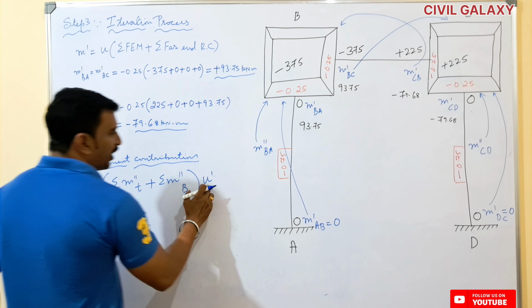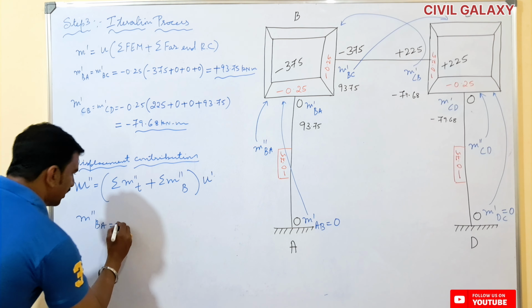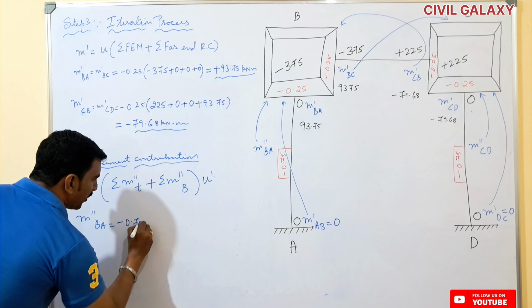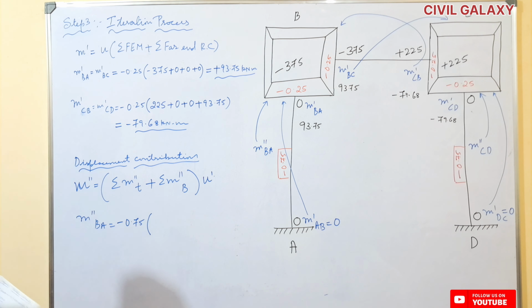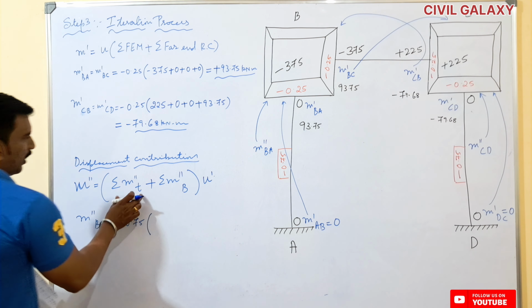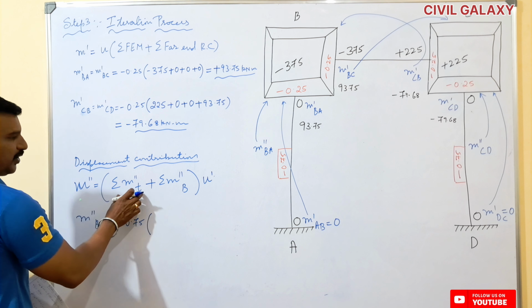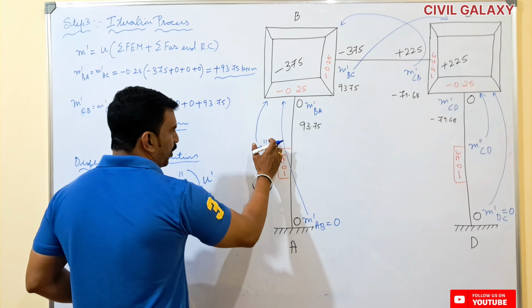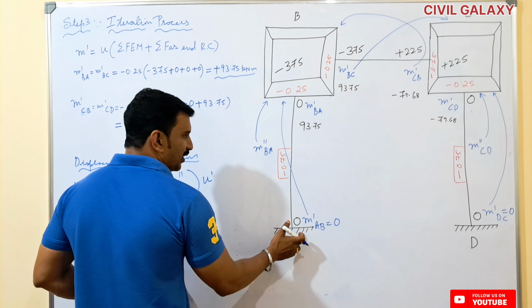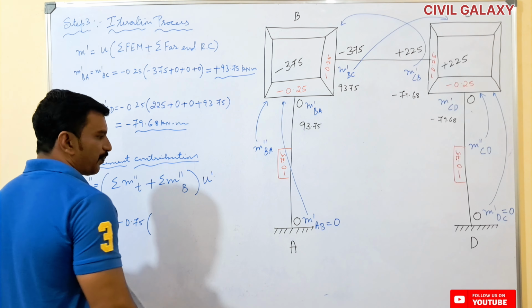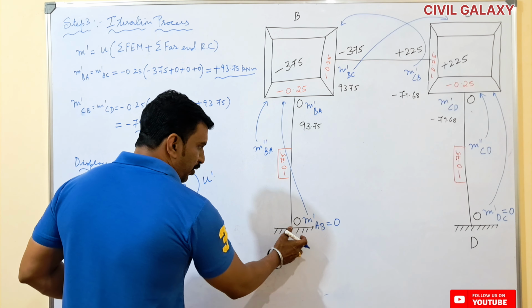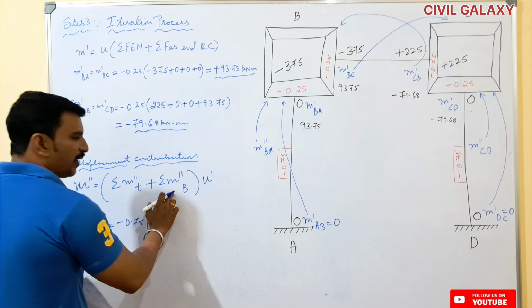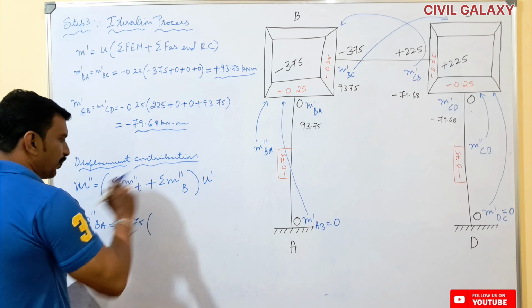So if you observe over here, the value of U dash we have got here is minus 0.75 into summation of the displacement contributions about the top. Now about the bottom it is 0 because it is a fixed end and it is the end support. So always at the bottom the displacement contributions are equal to 0.